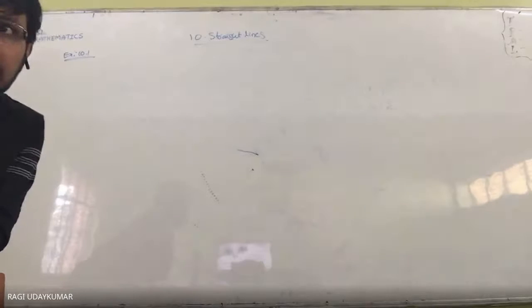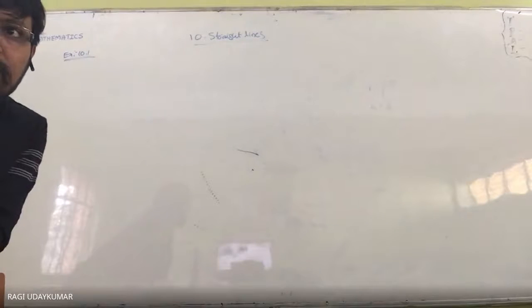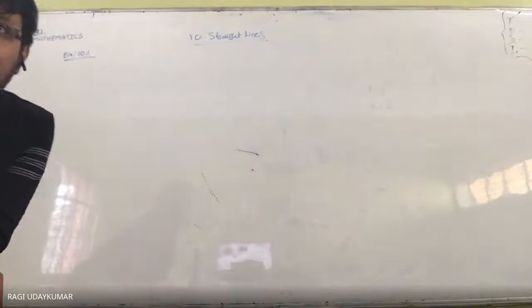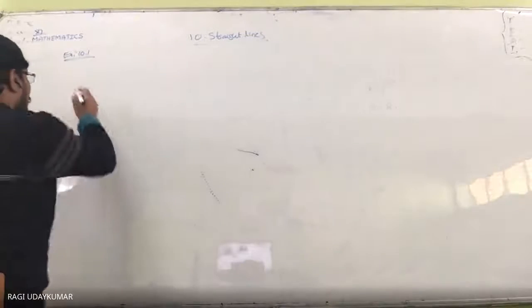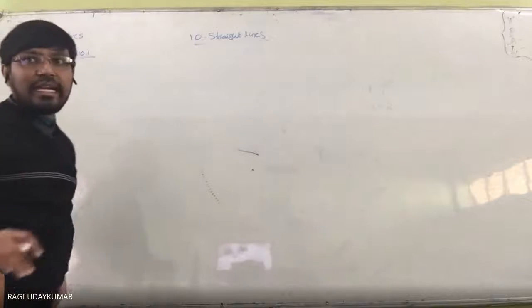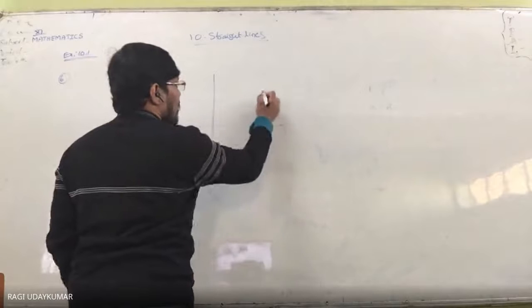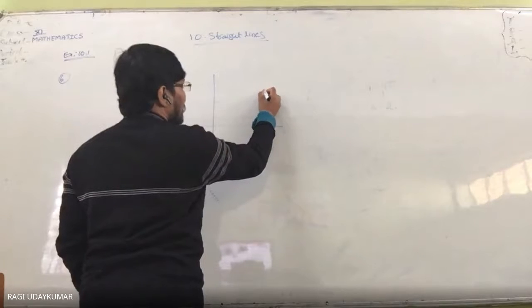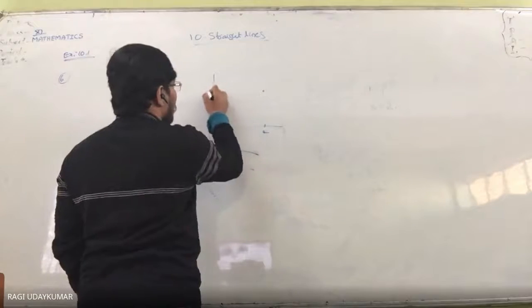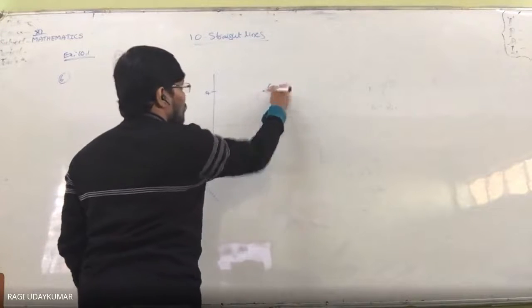Sixth question: without using the Pythagoras theorem, show that the 3 points are vertices of a right angle triangle. So here the question is given that these 3 are the vertices of the right angle triangle. This is the question. 4 comma 4 is a point here approximately. Let us assume here 4, here 4. This is the point 4 comma 4.